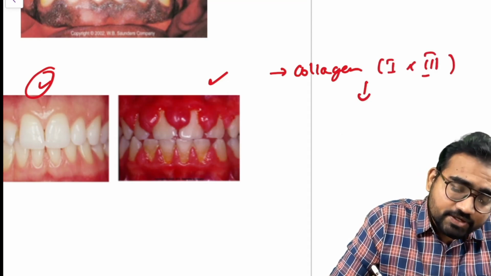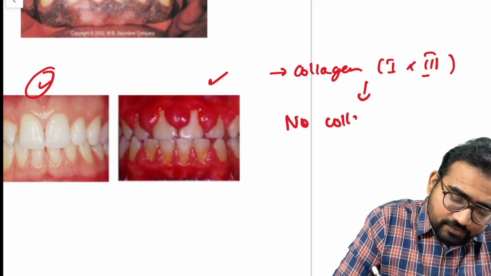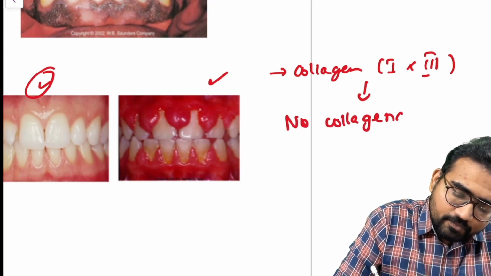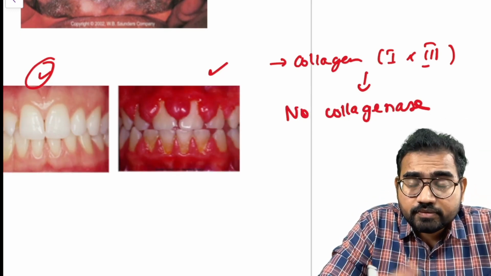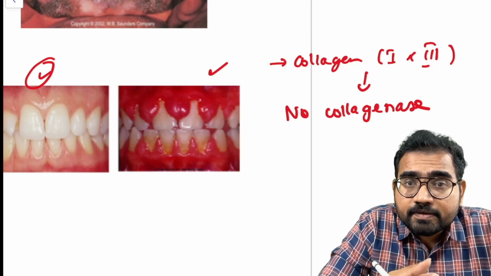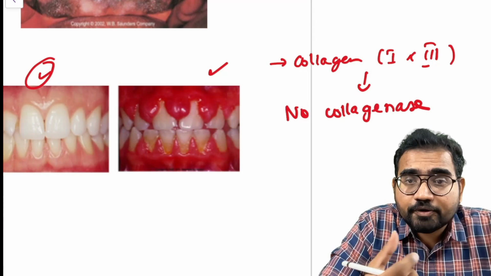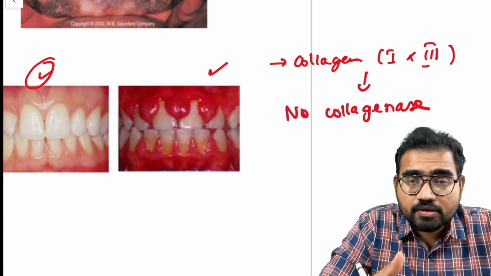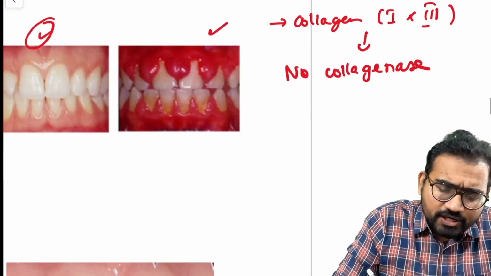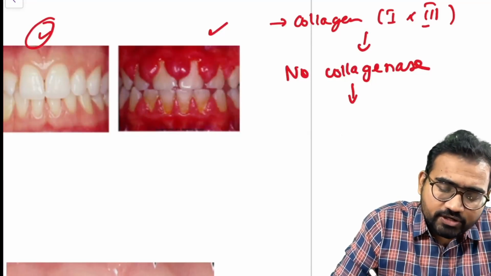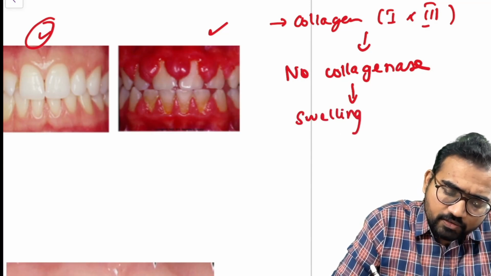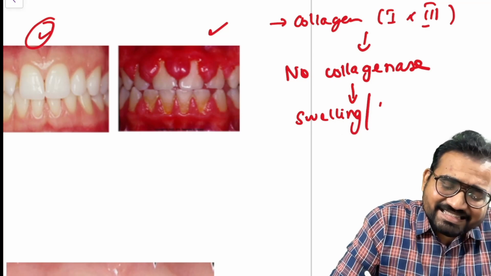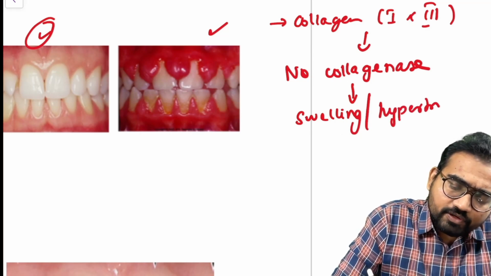Imagine if there is no collagenase. There is no collagen destruction, only production by fibroblasts. What will happen when there is only production, no destruction? It's going to result in swelling or increase in size, hypertrophy.